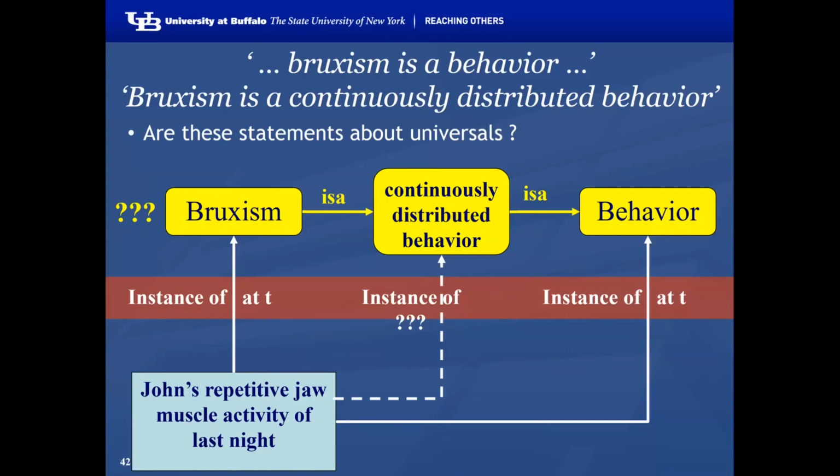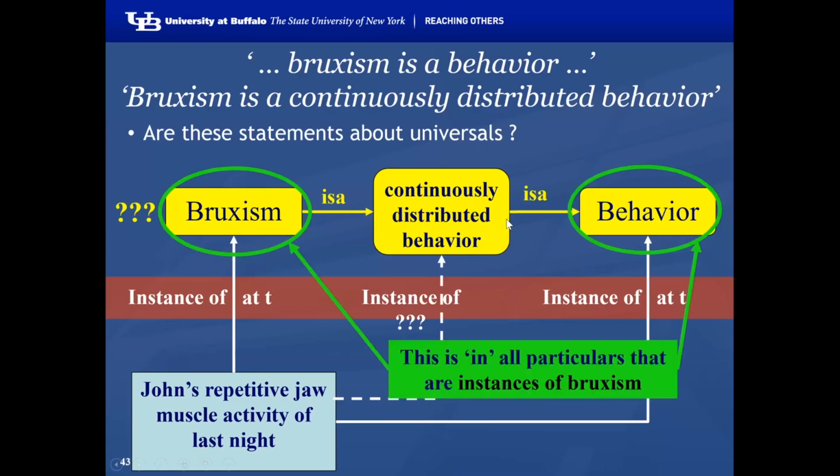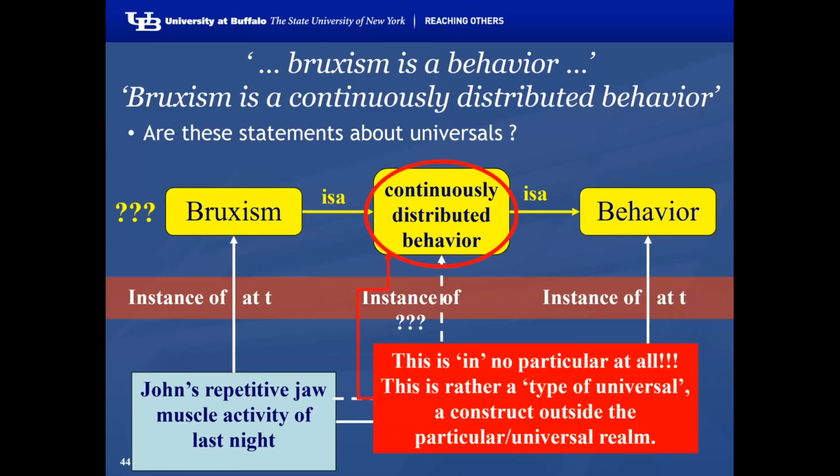Because what they mean by continuously distributed is being different in different patients, right? So that doesn't work. That doesn't work. Because this bruxism and behavior is in all particulars that are instances of bruxism, but the continuously distribution is not. Okay, it's rather a type of universal. Okay, so a construct that is outside the particular universal realm.